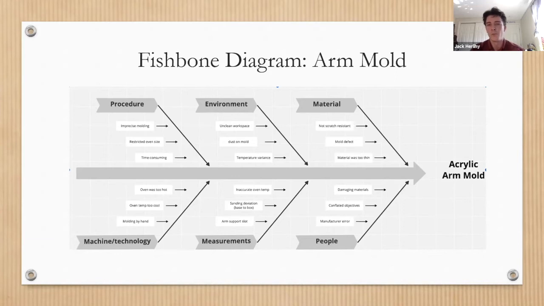That was also a problem with the material itself because it was not scratch resistant, so mold defects were very easy to occur. And then with the oven and measurements, it was kind of the same problem.